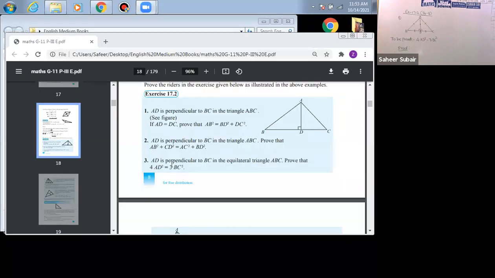So this is the third question. AD is perpendicular to BC in the equilateral triangle ABC.